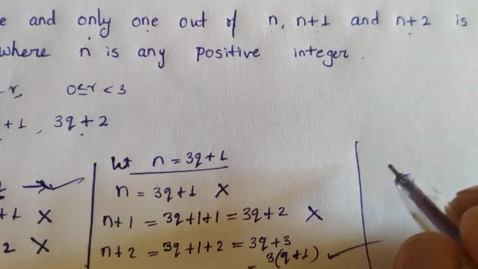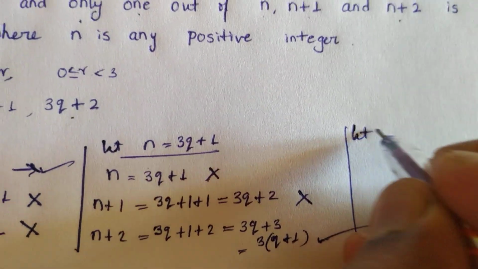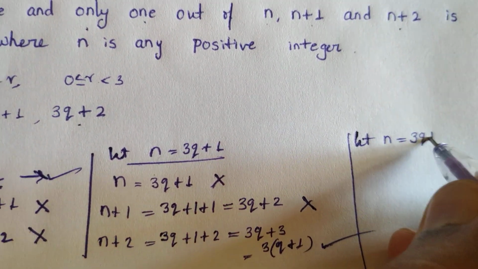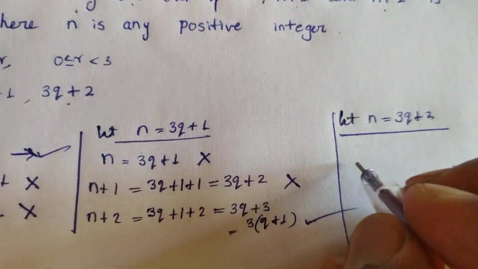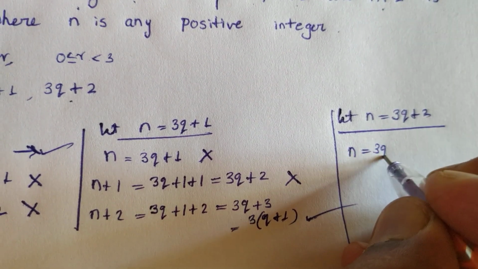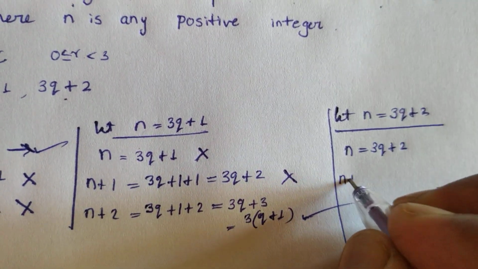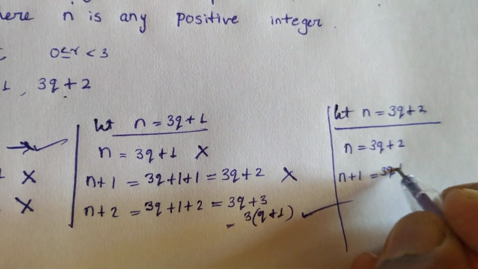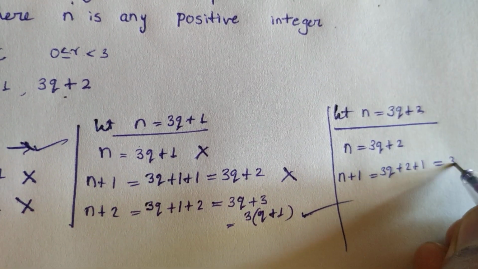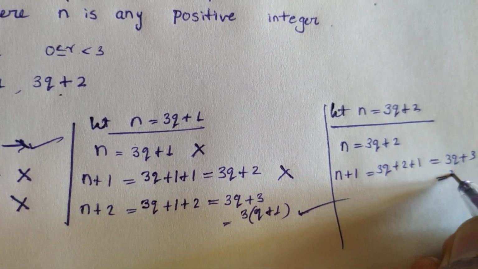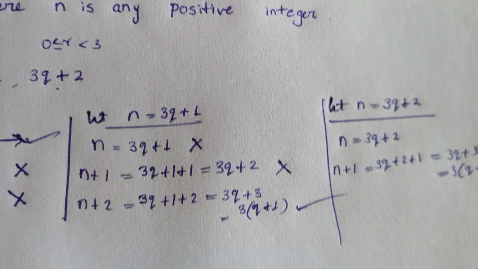And the last form is, let n be equal to 3q plus 2. n is 3q plus 2. n plus 1 is 3q plus 2 plus 1, which is 3q plus 3. Taking 3 common, 3 into q plus 1.